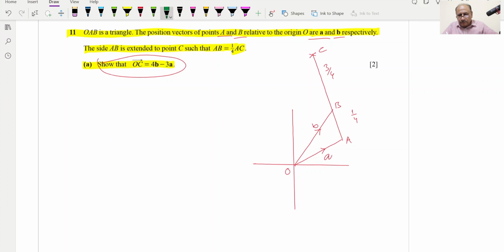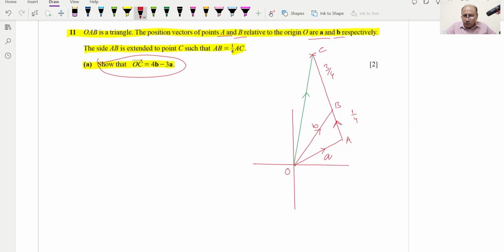For OC we can draw OC from here, like this. For example, we can check AB.